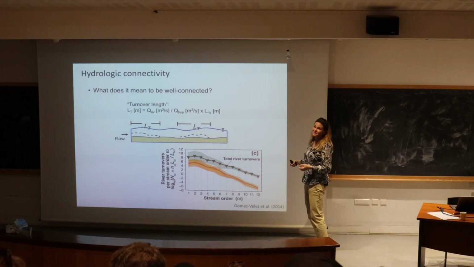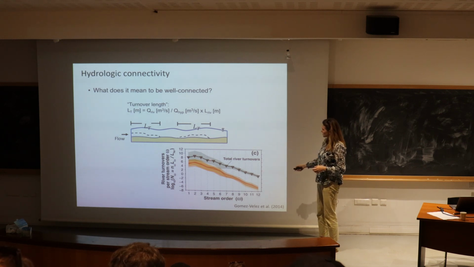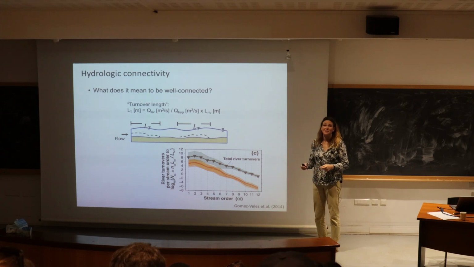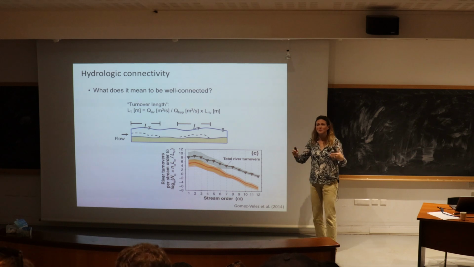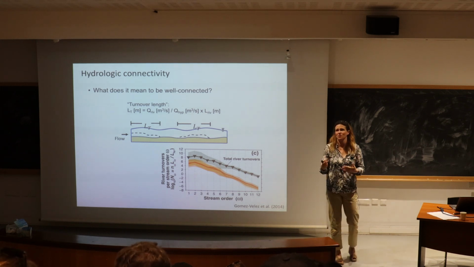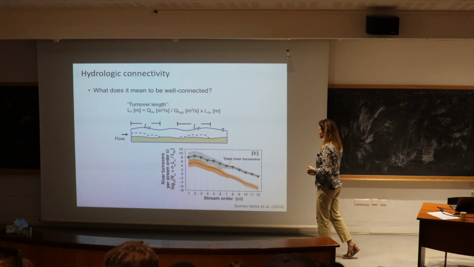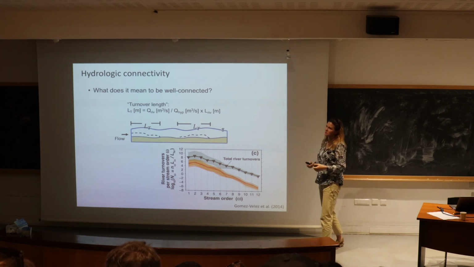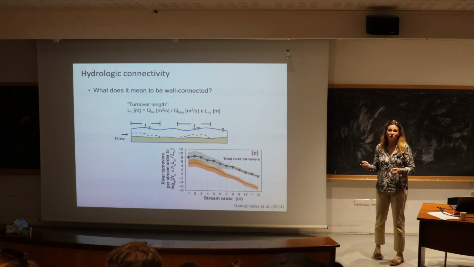And if you think about this turnover length concept going from small streams to big streams, you can see that actually it changes a lot within the basin. So small streams are incredibly efficient reactors that are turning over water through the hyporheic zone in a relatively fast way as it moves downstream. And in the lower parts of the basin, that river loses some of its efficiency, we think, following this model.